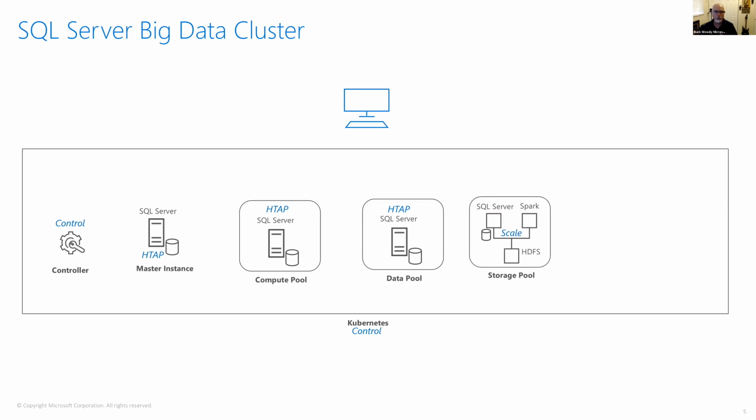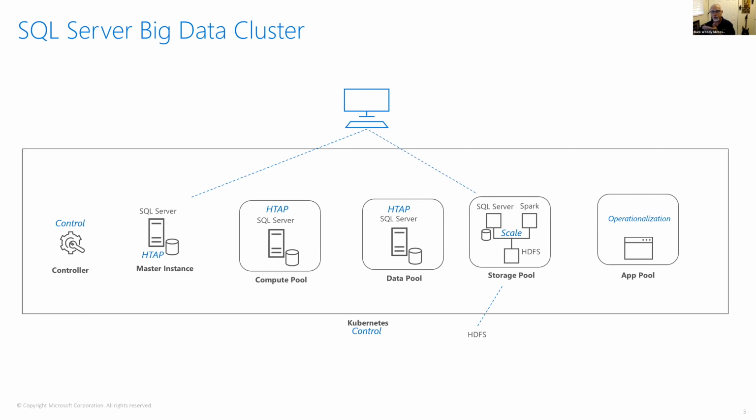But we also throw Spark into this mix, so that it can mount HDFS in itself or even somewhere else, like Amazon and so on. And then we give you a place to throw applications, like a Python Flask application if you've written machine learning code. From your standpoint, you talk to SQL Server. It handles all of the scale.